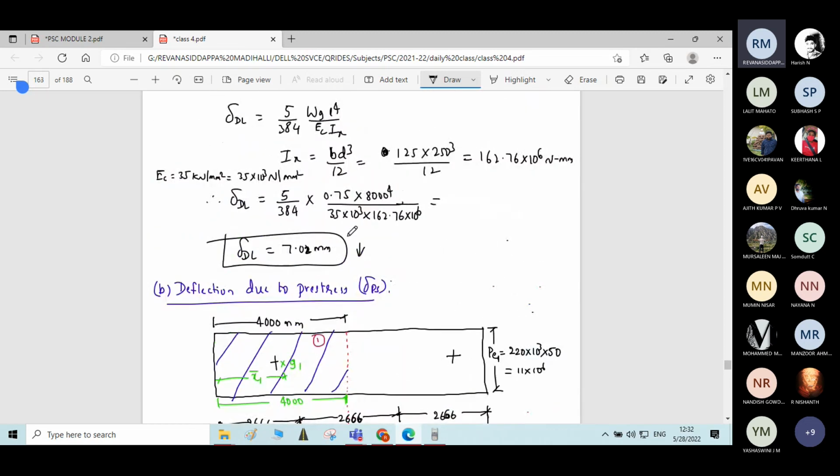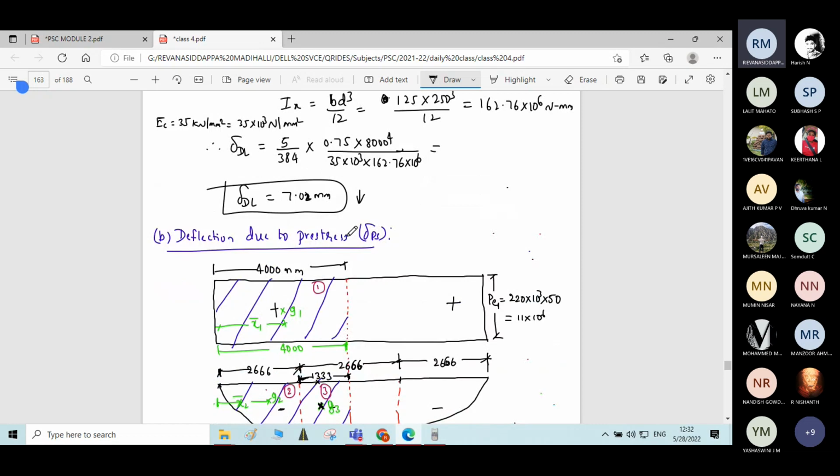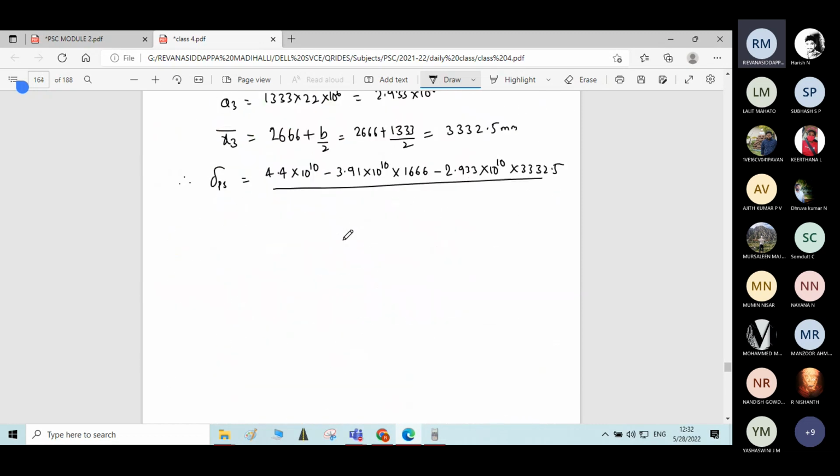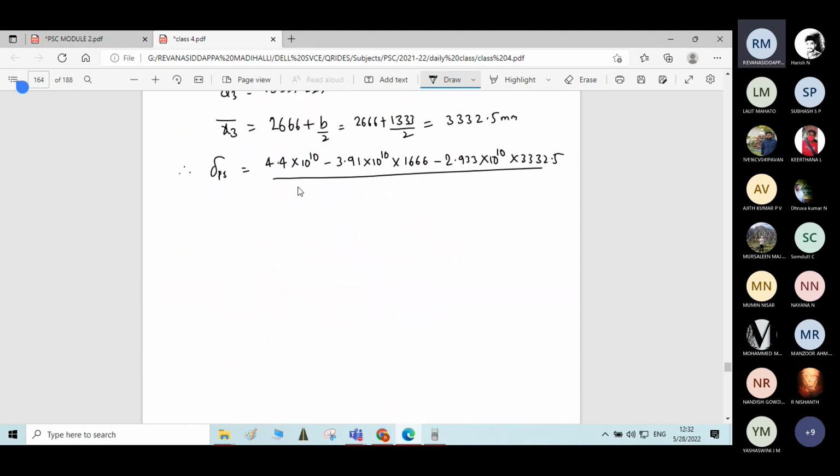Ec is 35 into 10 power 3, and Ix is 162.76 into 10 power 6. Therefore, if you calculate, delta PS is minus 13.15 mm. The negative sign indicates the deflection is in the upward direction.